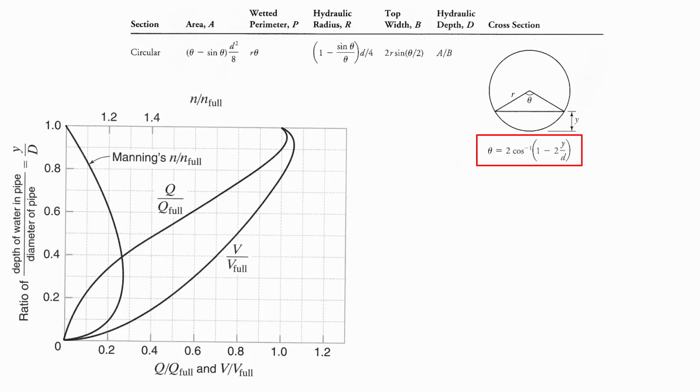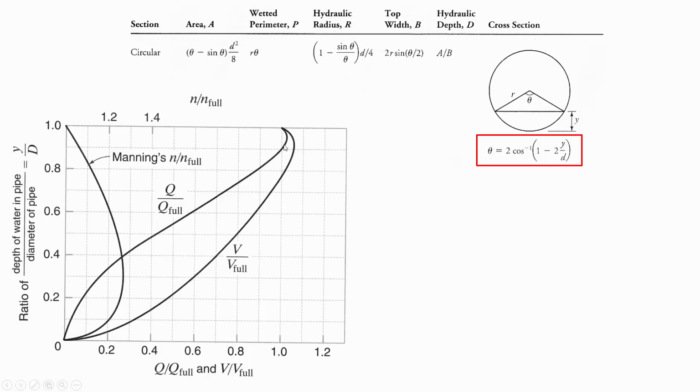Anybody want to speculate on why you get more capacity through the pipe if it's almost to the top than if it's all the way to the top? Added friction, right. All of this additional friction length at the top is less beneficial than the additional cross-sectional area that the water can go through. And so that's why for a brief period it's above 1.0.